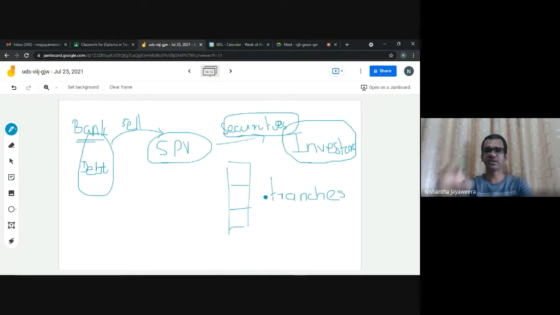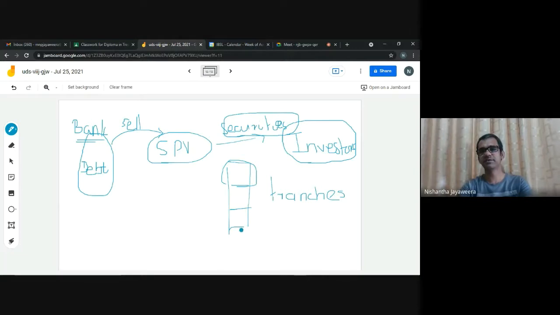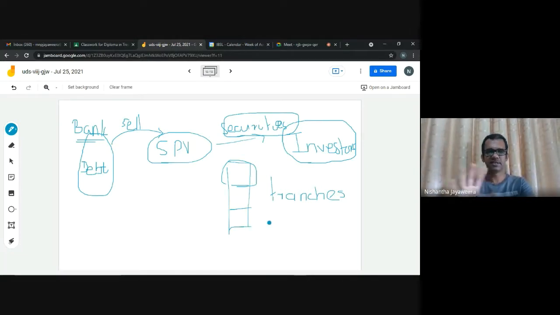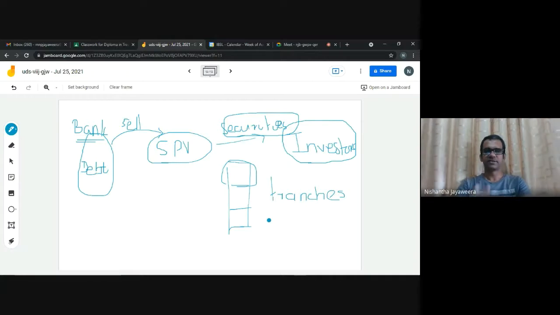Depending on the tranche, the coupon rate is different, the maturity period may be different, and the priority or seniority of the tranche is different, meaning the priority in which you receive the cash flows. Therefore, different tranches may have different credit ratings as well. That's the basic structure of a CDO.